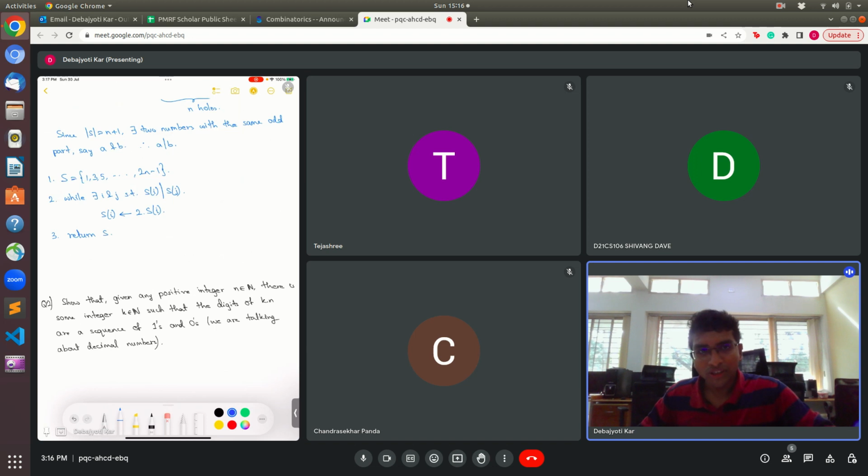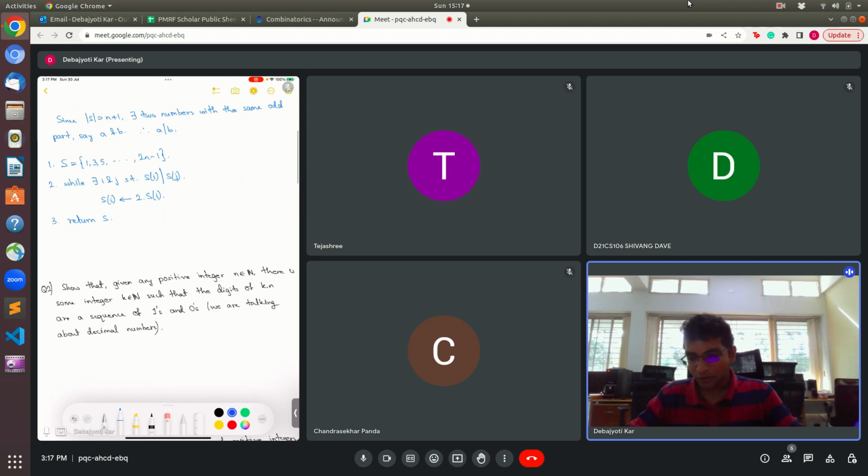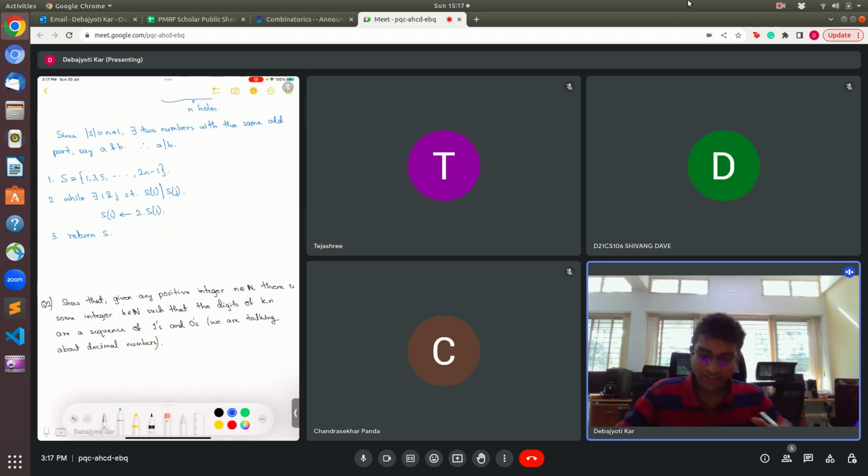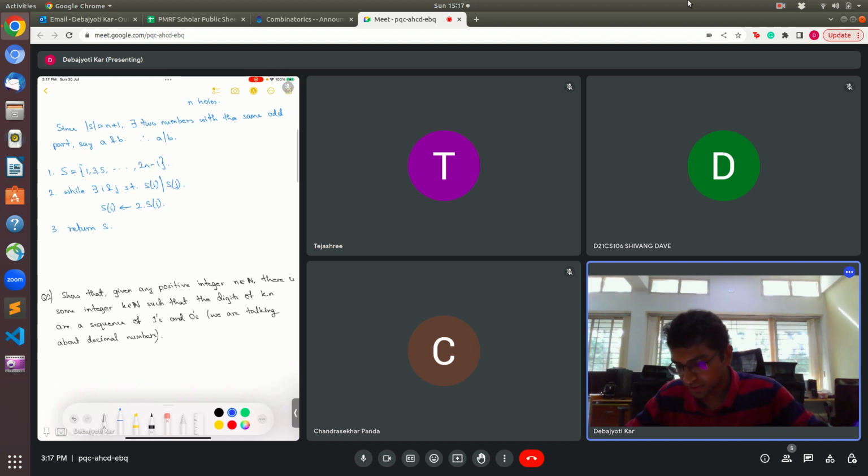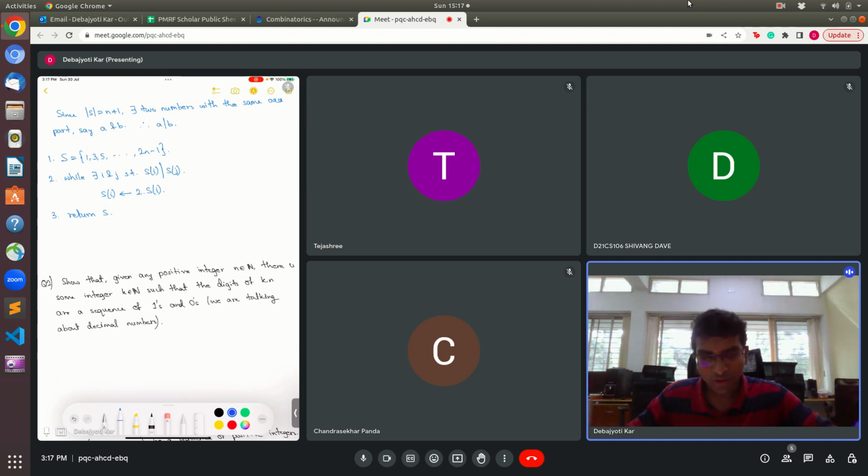We are starting with this sequence. As long as we get two elements of this sequence such that one divides the other, we just double the smaller number, the number which is dividing the larger number, right? And we keep on doing this. First of all, we need to argue about the correctness and the termination of this algorithm. So first let us argue why this algorithm should terminate.